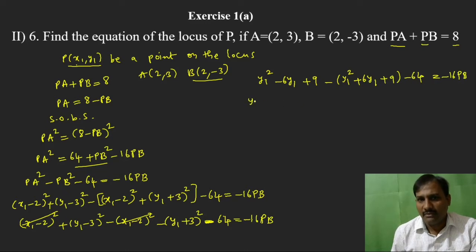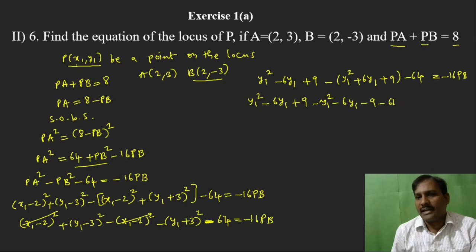So that is y1 square minus 6y1 plus 9 minus y1 square minus 6y1 minus 9 minus 64 is equal to minus 16 PB. So here y1 square gets cancelled, 9 minus 9 gets cancelled, minus 6y1 minus 6y1 is minus 12y1, minus 64 is equal to minus 16 PB.